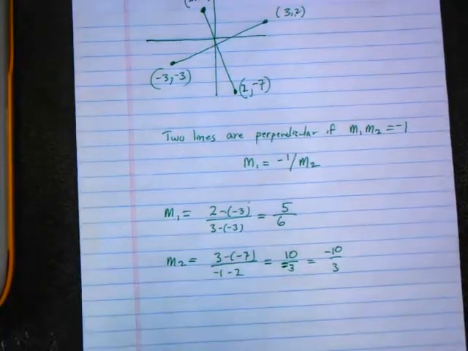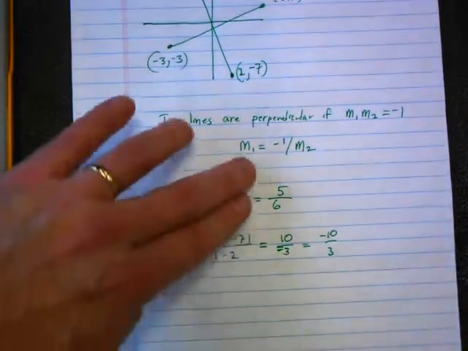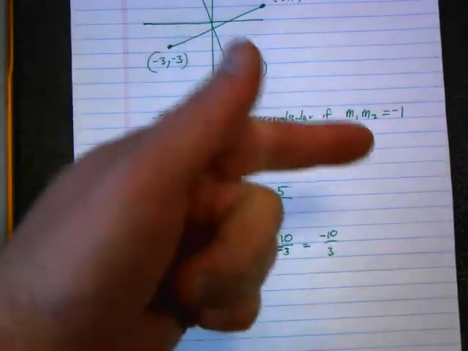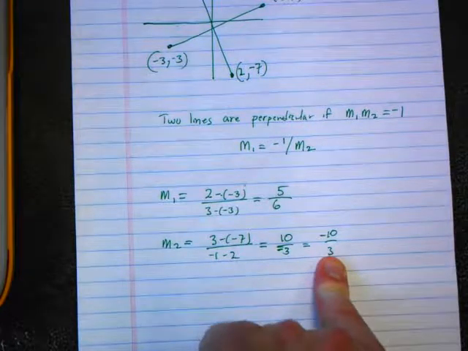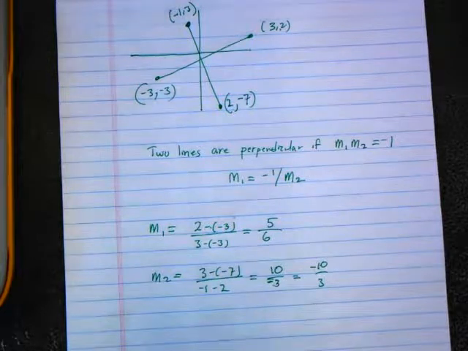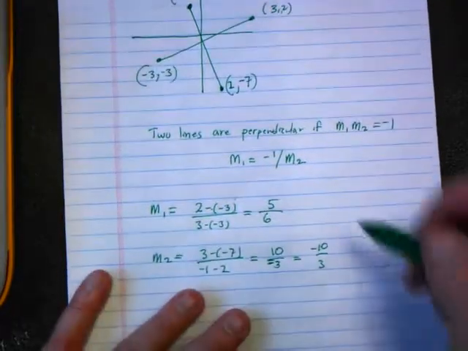Are those negative reciprocals? No. To be negative reciprocals, I would take this one, flip it over, whack it with a negative sign, and get the same answer as I got down here. Did that happen? No. So are these parallel? No, definitely not. Are they perpendicular? They're close, but they're not. So not perpendicular.